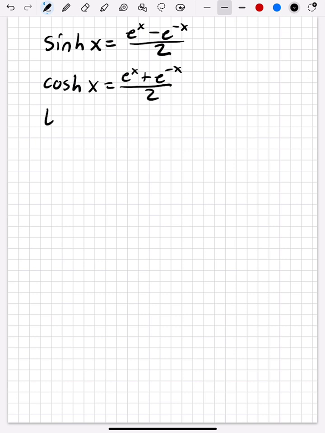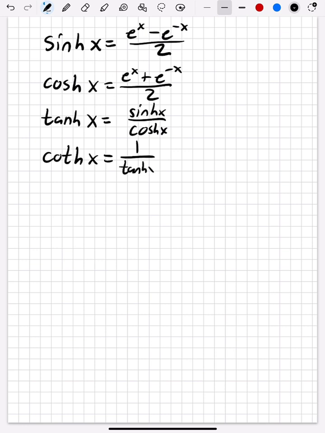So the hyperbolic tangent of x is equal to the hyperbolic sine of x over the hyperbolic cosine of x. All right. The hyperbolic cotangent of x is equal to 1 over the hyperbolic tangent of x.